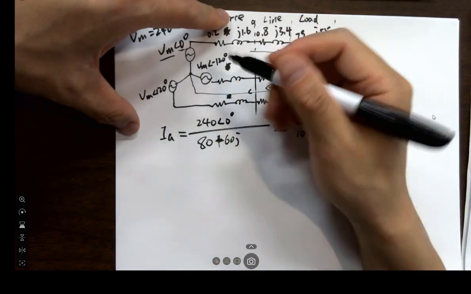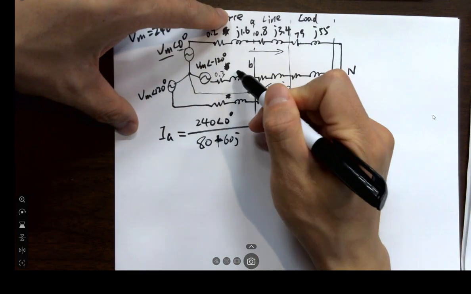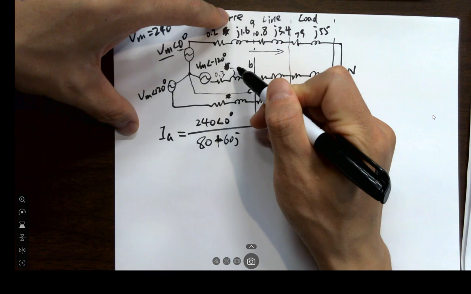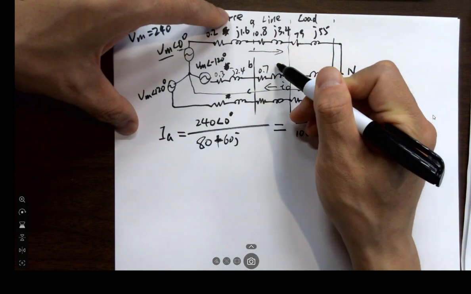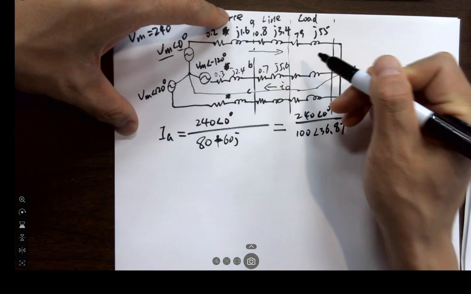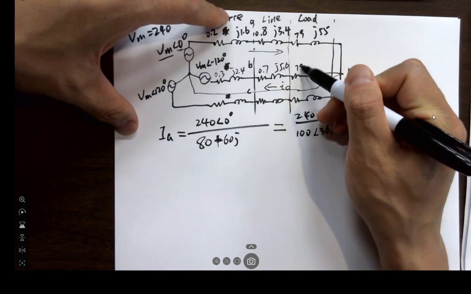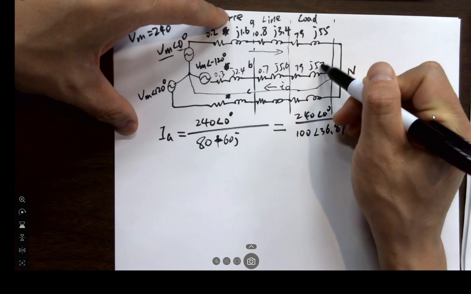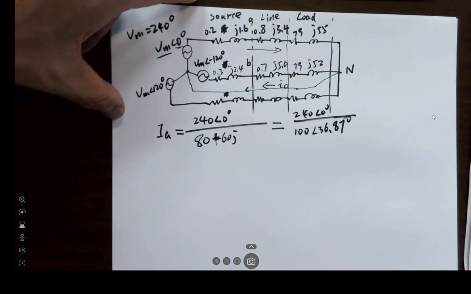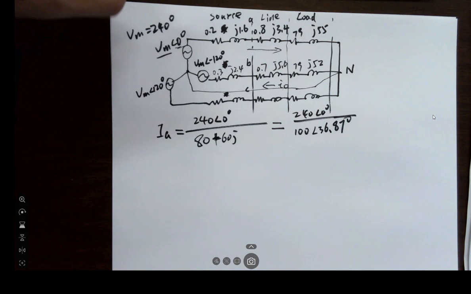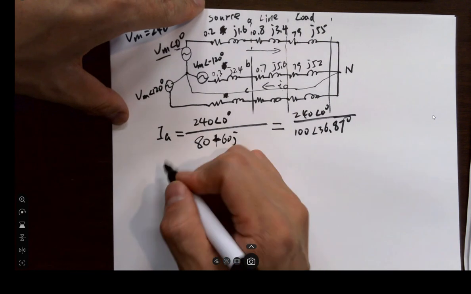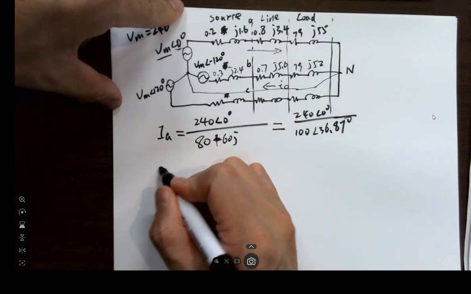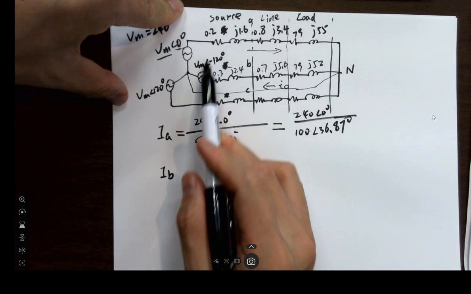And for phase B, the values are 0.3, J2.4, 0.7, J5.6, 79, J52. It just has a lot of components trying to scare you, but actually it's really simple, right? Just inductors and resistors, that's it. So now let's see the second one, which is IB, the B phase current.